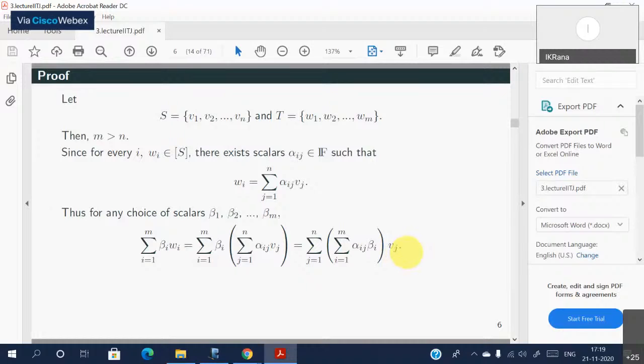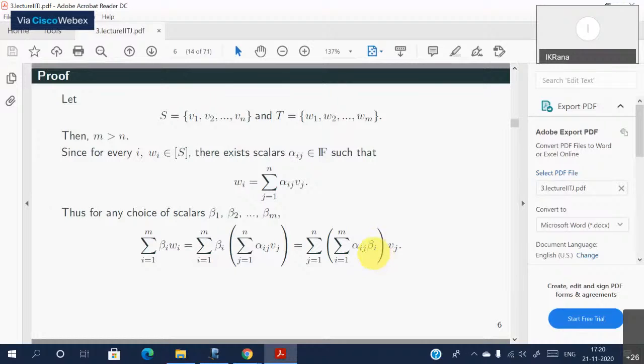We have not done anything except that each wi was represented like this, and for an arbitrary collection of scalars we have got this. Now look at this inner bracket, that I can think of as a system of linear equations with the alpha ij as the coefficient matrix, and the beta i to be the unknowns.